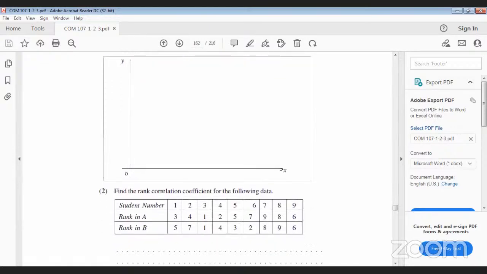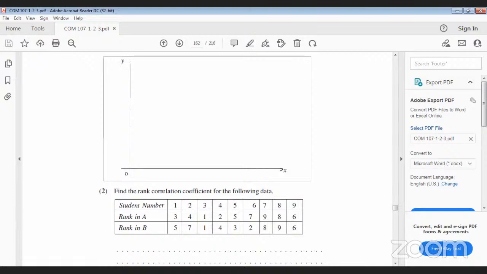For the second example, the question is: find the rank correlation. It is also for fruit numbers 1 to 9. Rank given for A is 3, 4, 1, 2, 5, 7, 9, 8, 6.